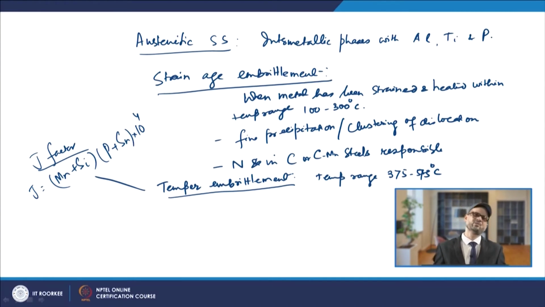Now, it is normally very important when we talk about the vessels in nuclear power or petrochemical plants, because in those cases you need to ascertain the fracture toughness values. So, in that case this J factor parameter is important, and it is normally required.